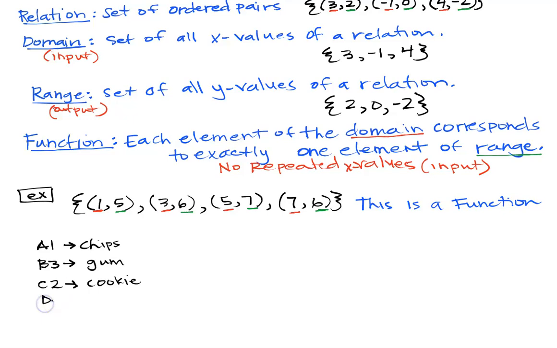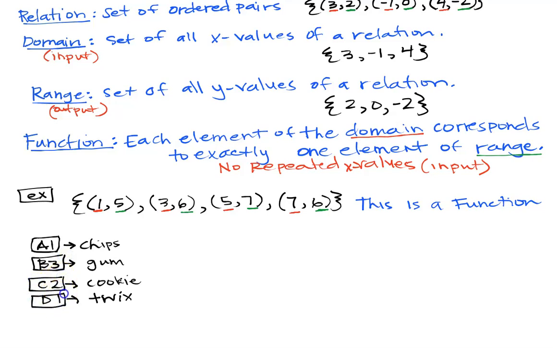And D1 is going to be like a Twix bar or something like that. Okay? So think about if you hit that A1 button, you know what you're going to get. And we know that because all of the buttons on that vending machine are unique.